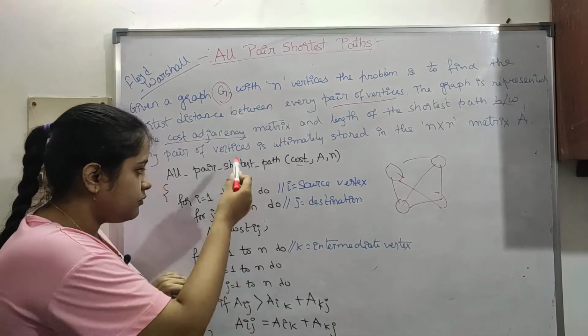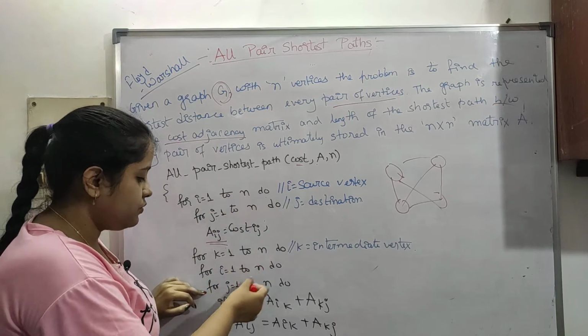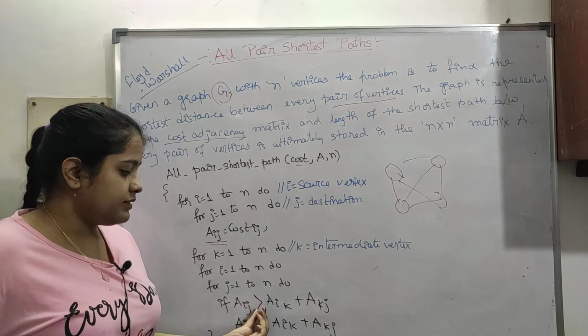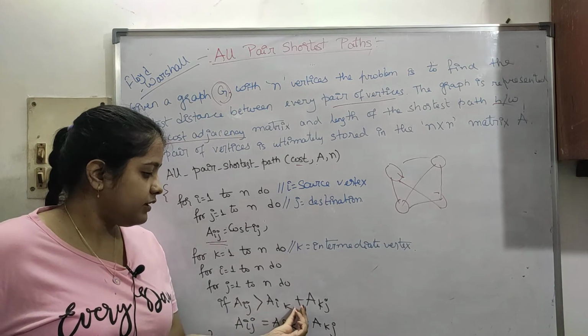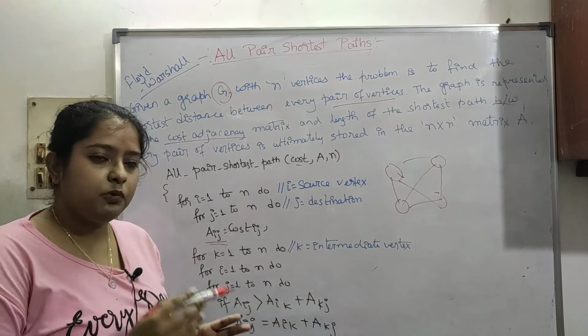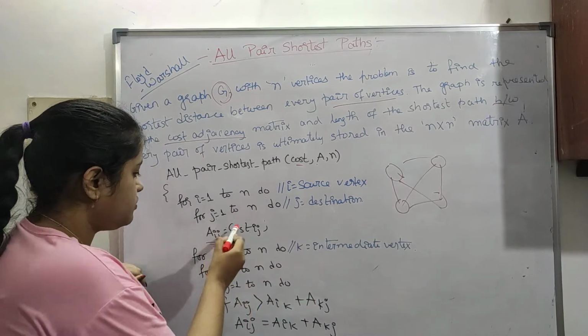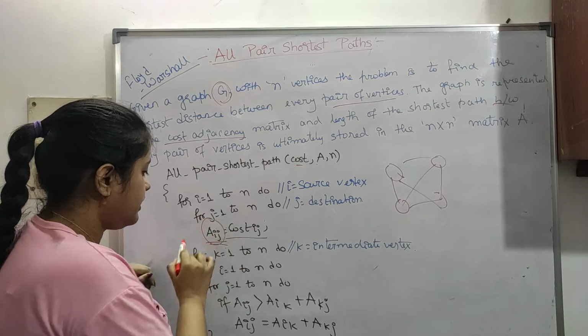For i, the same way, i is 1 to n, j is 1 to n, and if A[i][j] is greater than A[i][k] plus A[k][j], so we have broken it into two costs. Previously the cost of i to j was stored as A[i][j].